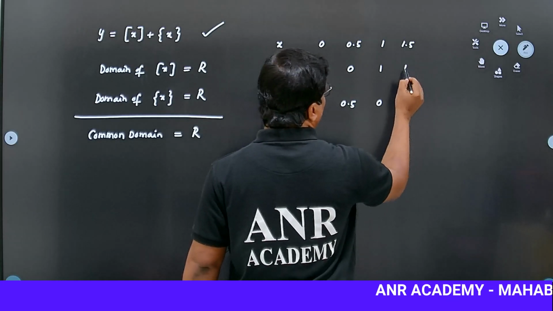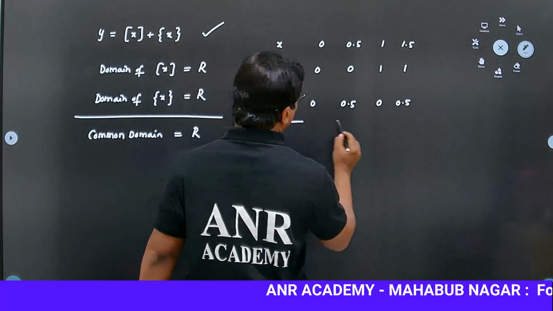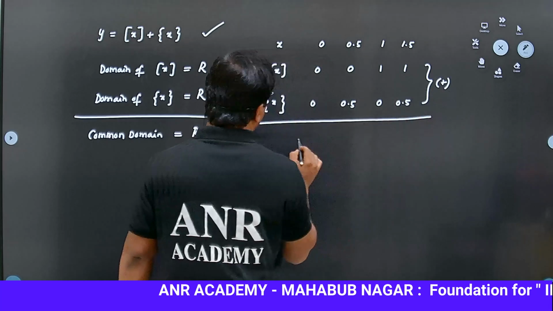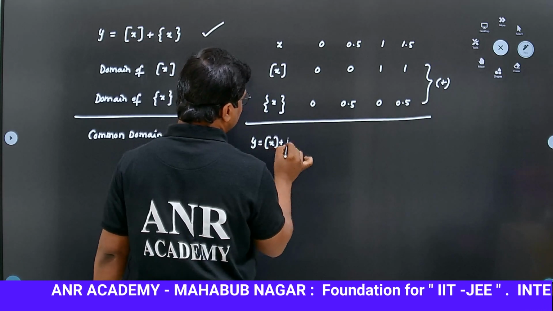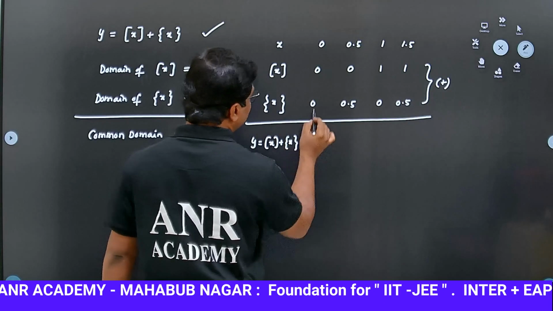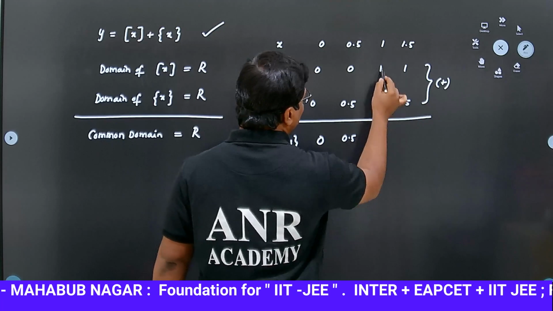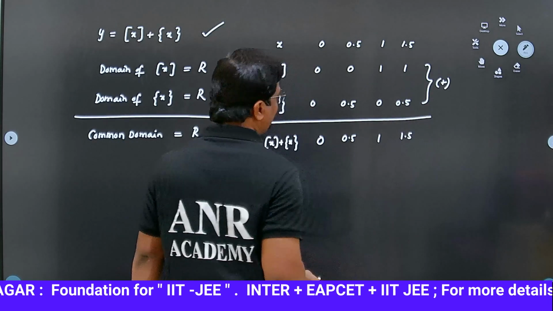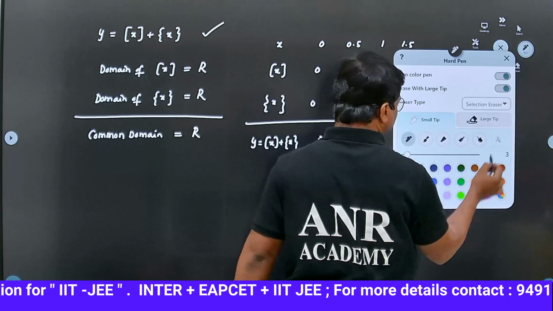So now the combination of these two is y, so y equal to step x plus fractional part of x gives the results 0 plus 0, 0; 0 plus 0.5, 0.5; 1 plus 0, 1; 1 plus 0.5, 1.5. And observe input as well as output.